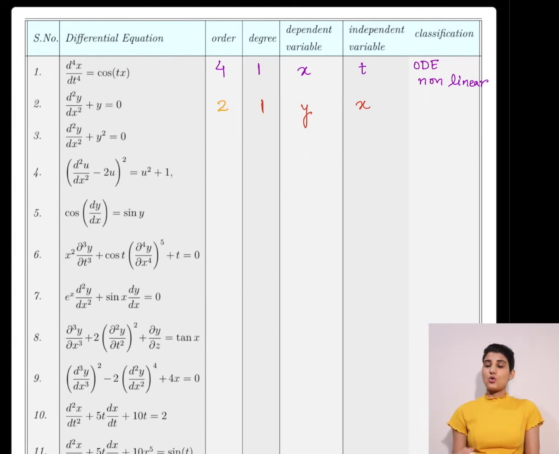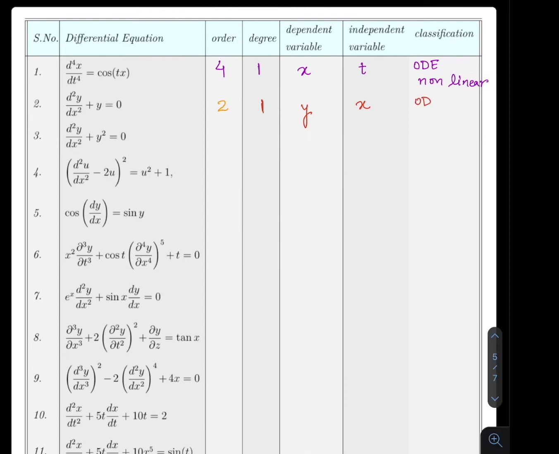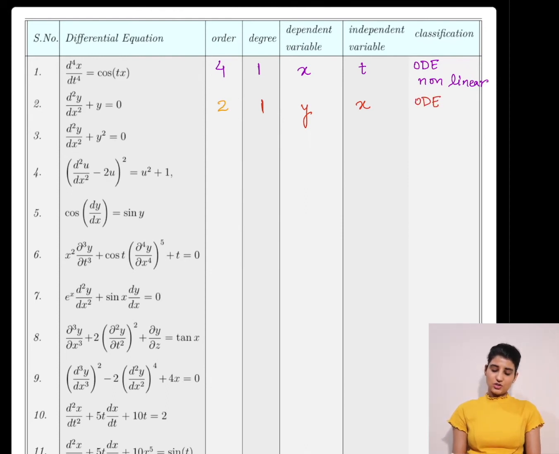Since there is only one independent variable, this is an ODE. So the first equation is non-linear because it has a function of the dependent variable, that's why it's non-linear. This equation is linear.